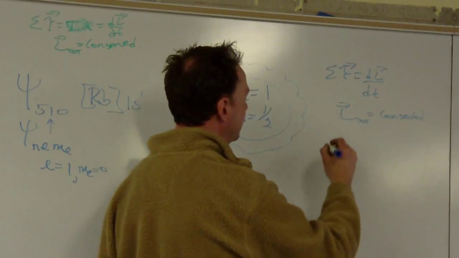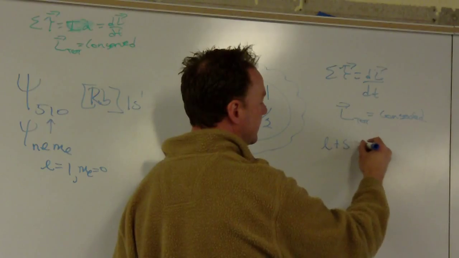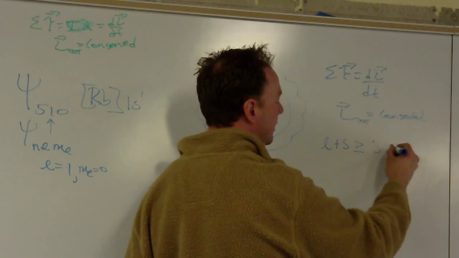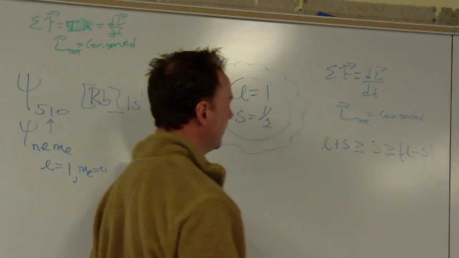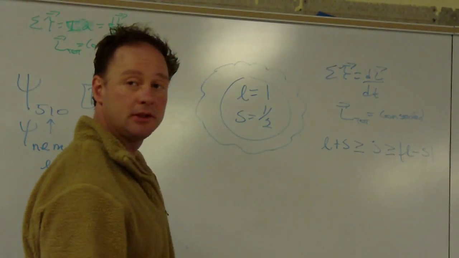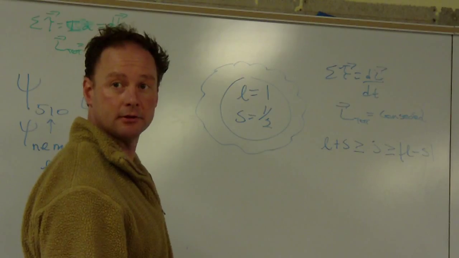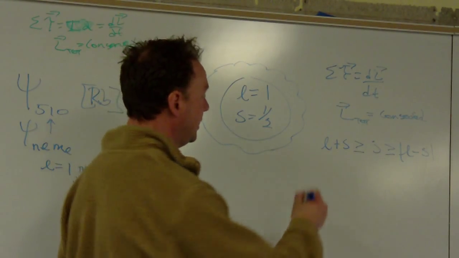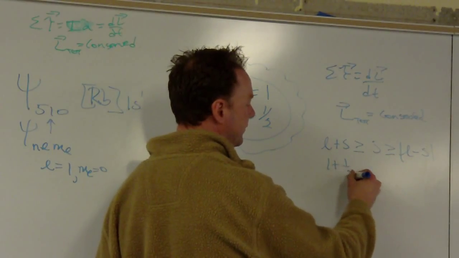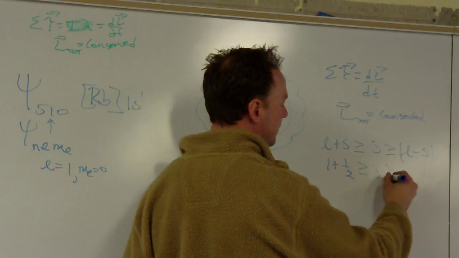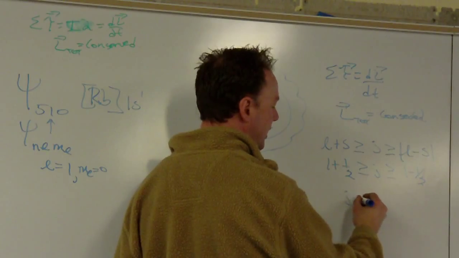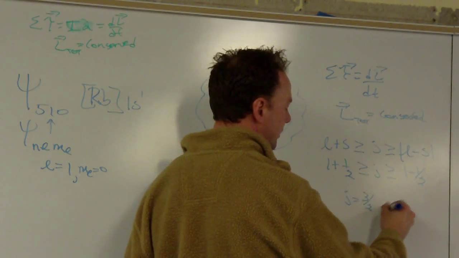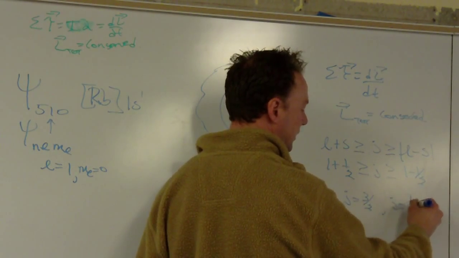So L plus S is greater than or equal to J, greater than or equal to the absolute value of L minus S. Here, 1 plus a half is greater than or equal to J, which is greater than or equal to 1 minus a half. In other words, J can equal 3 halves, or J can equal 1 half.